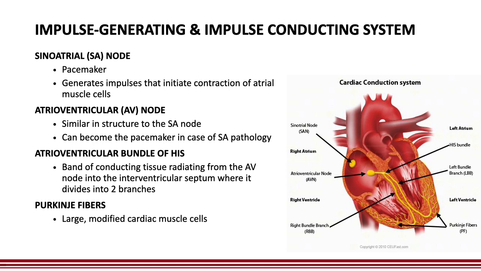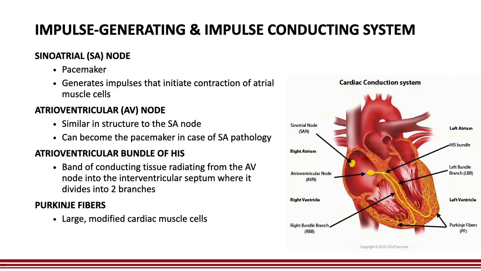Okay, so the main pacemaker of the heart is known as the sinoatrial node, and the SA node is responsible for the generation of impulses that initiate contraction of the atrium. Okay, the AV node is similar in structure to the sinoatrial node, and in some cases can become the primary pacemaker of the heart if the sinoatrial node is damaged.